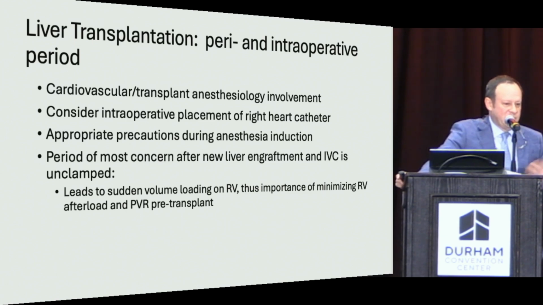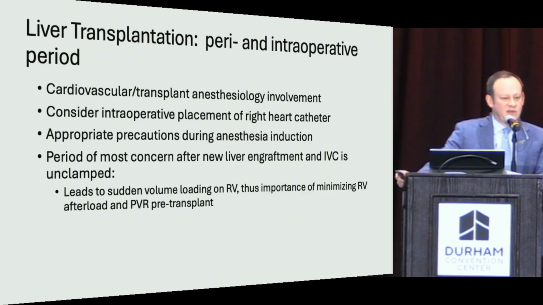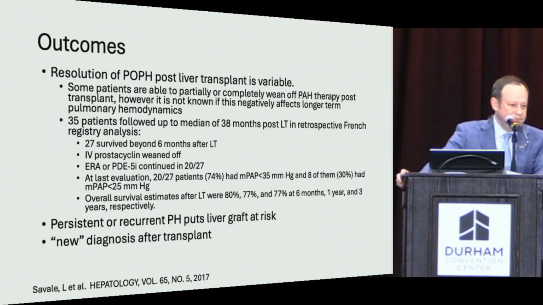So, appropriate pre-procedural precautions should be taken, ideally involving the cardiovascular and/or liver transplant specific anesthesiology team, consideration of intraoperative placement of a right heart catheter, and then appropriate precautions and choice of drugs for anesthesia induction as well.